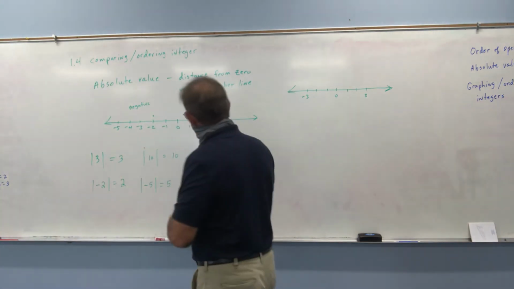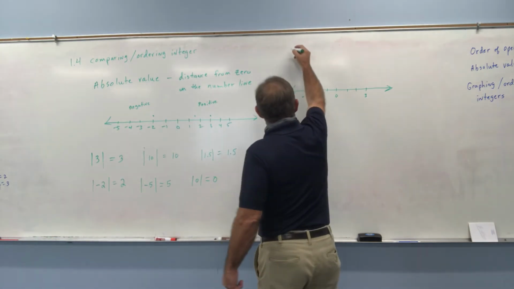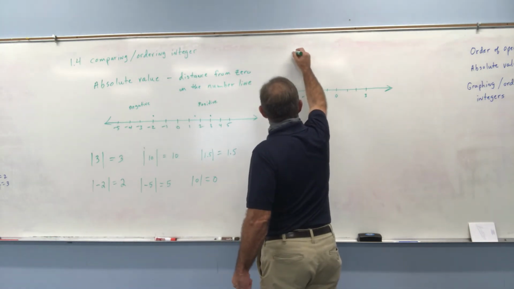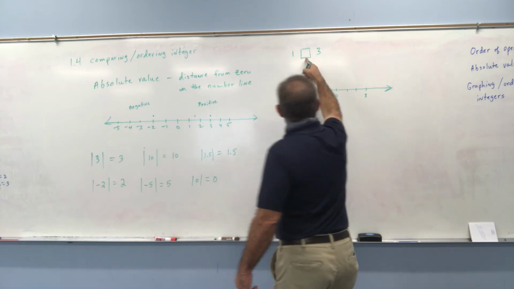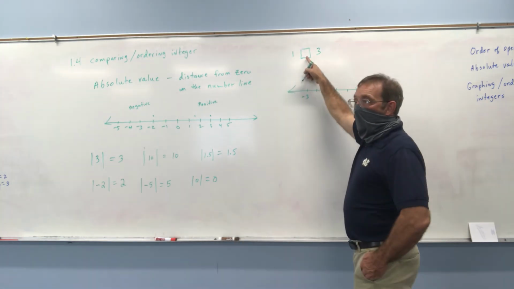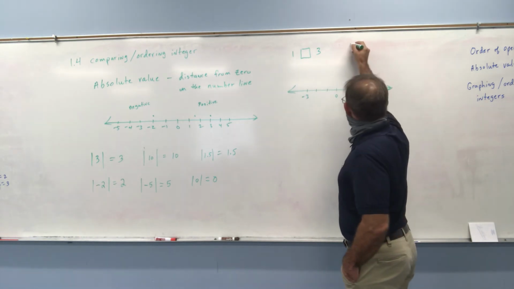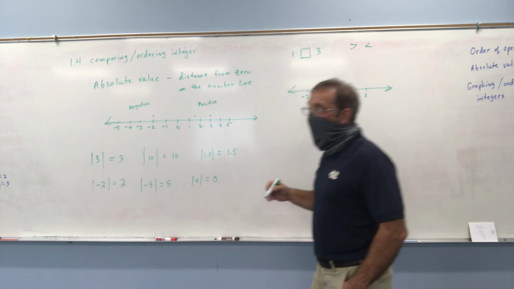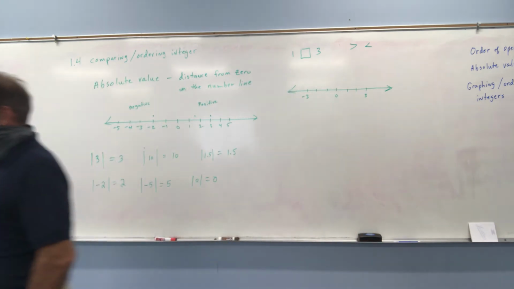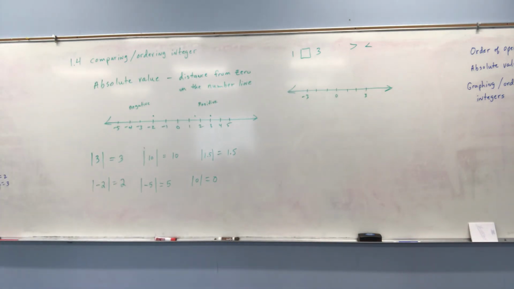For instance, suppose I want to make a determination between 1 and 3. In other words, I want to put a symbol in here, either greater or less, okay? How do I know which one should go in there?